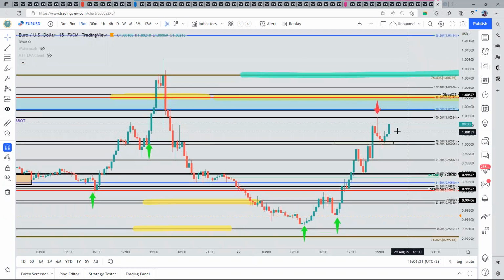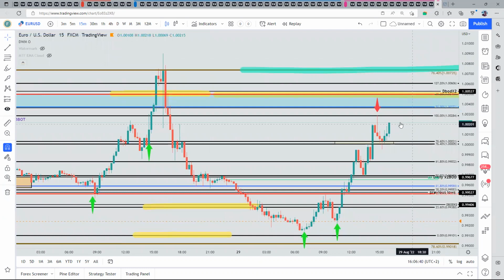That's what I think, because I think we could break this one now and go on pushing, perhaps even till the London fix. The other big one we have is the sister fib of this 50%, which is the 38.2 here. When we get there, that will be another area to look at and see if we have a setup.